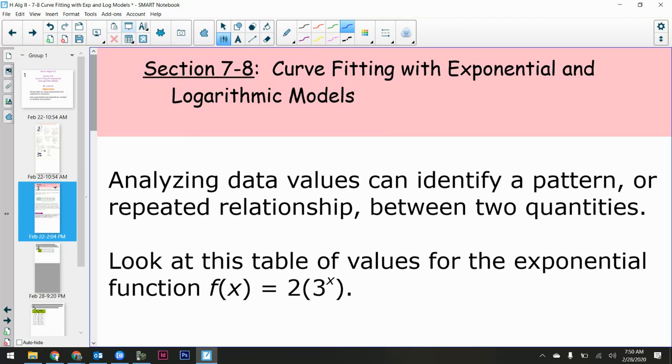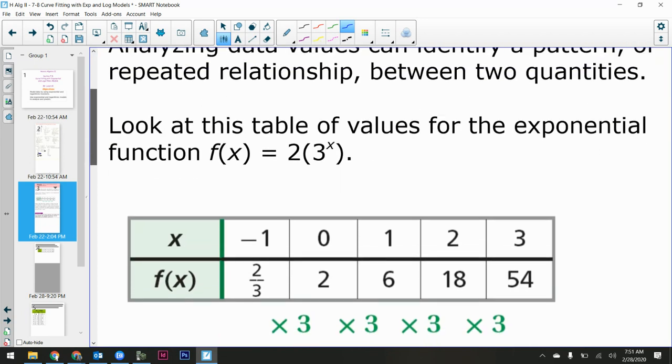That would be like an exponential model. Or what if our statistics look like this? That would be a logarithmic model. So sometimes our data can make these shapes as well. That's the moral of the story here.